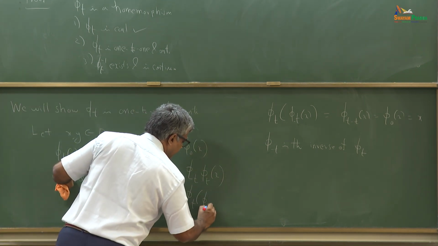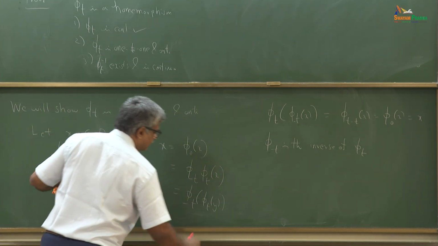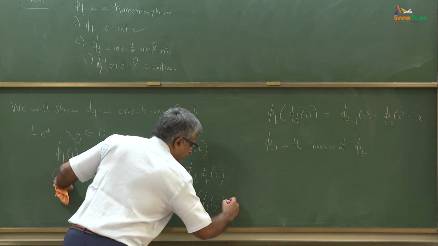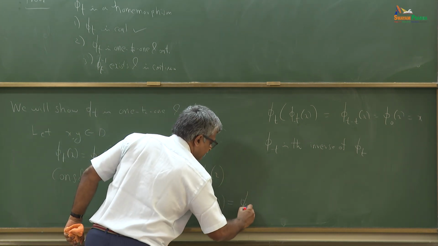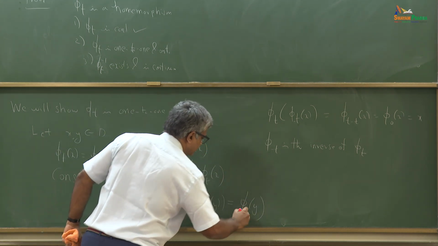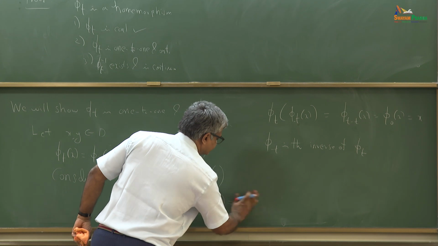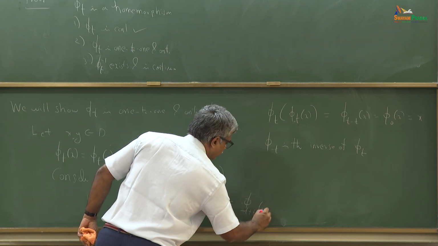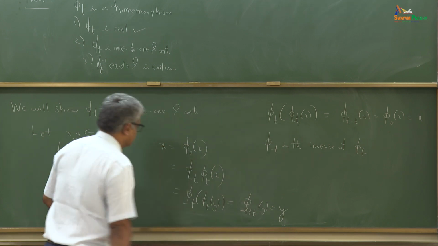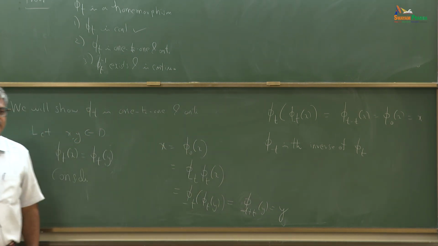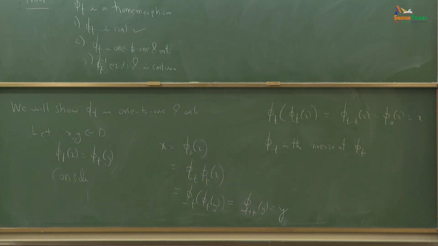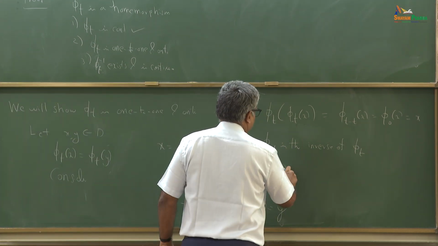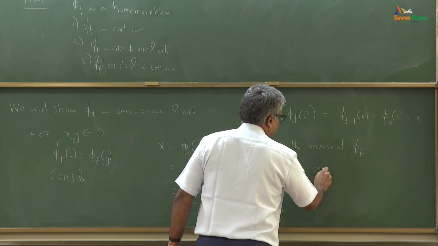But again by the group property, this is y, because this is minus t plus t acting on y, which is y. So you got x equal to y. This is 1 to 1, which implies phi t is 1 to 1.